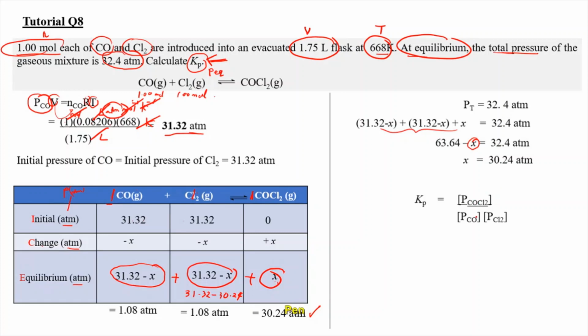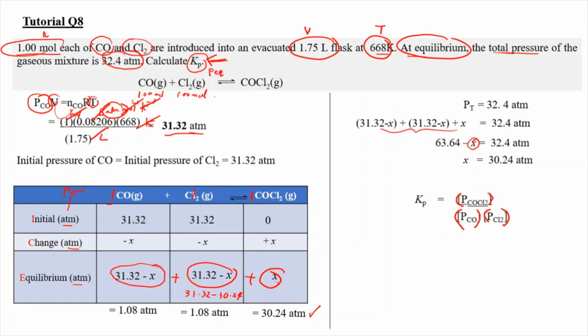And then divided by the partial pressure of the reactant, so PCO as well as PCl2. And then we're going to substitute the value of the partial pressure here. So for this one, please use the rounded bracket.